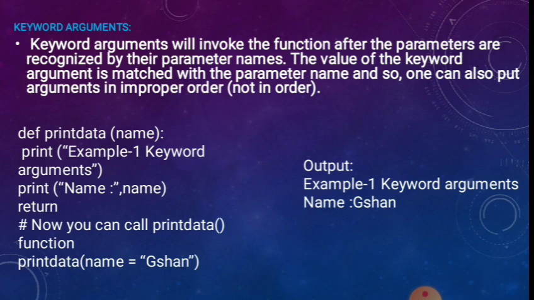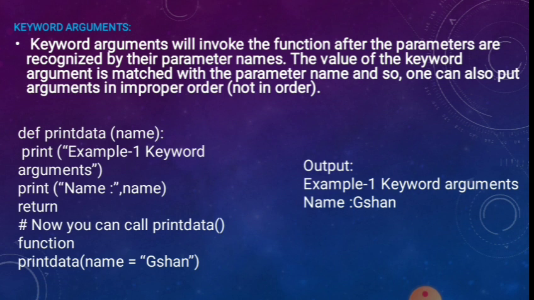The definition, print_data(name). See the next line, print example 1 keyword argument. Next after that, print name comma with name. Here one is a string prompt, and the next one is the value we want to pass. How is it possible? Next line you can see the call print_data, with name equal to Shan.